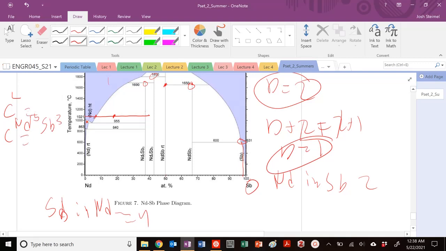So in the liquid phase, I have about, let's say that's 7. And then let's say in the solid phase here, we are about at 39, 38, let's say it's 37-ish approximately.